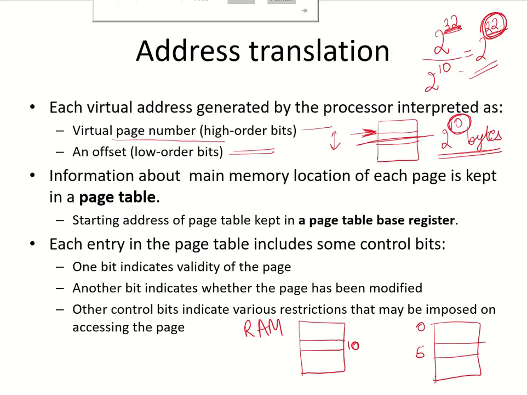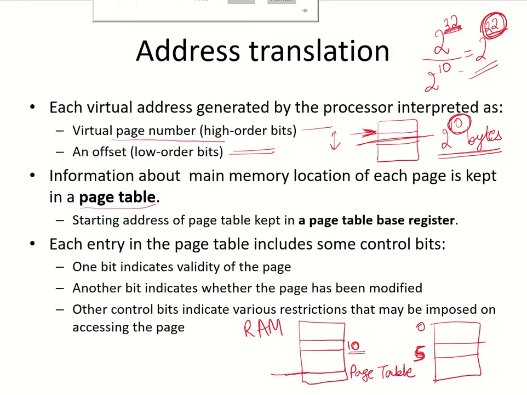This information, that page 5 of the virtual space is being stored in physical page frame 10 of the RAM, is kept in a page table. Now where is the page table? The page table also lies in the RAM. So somewhere over here in the RAM is the page table, which is storing all information about the pages.